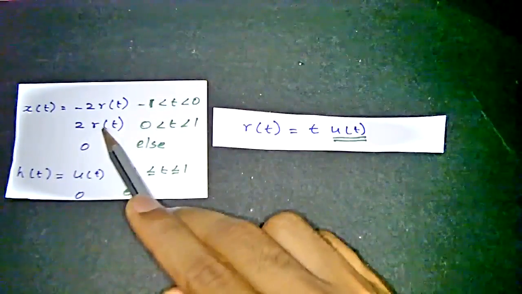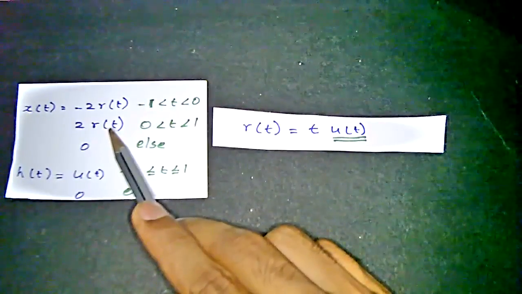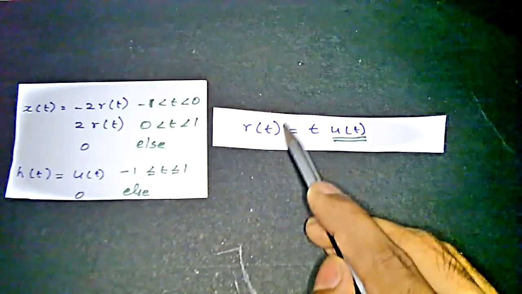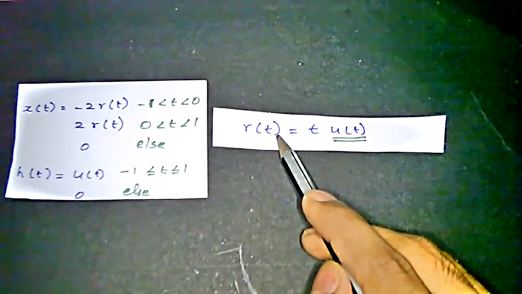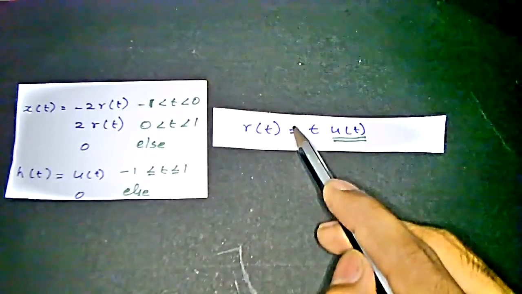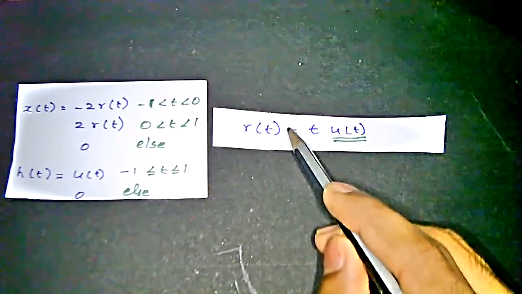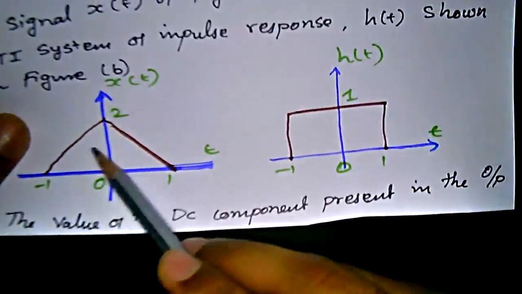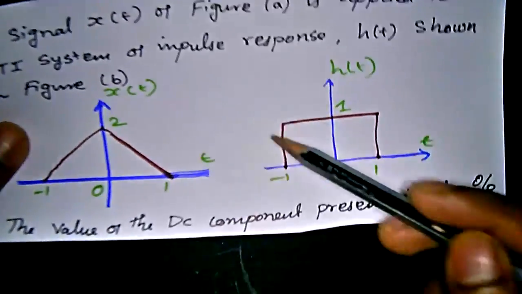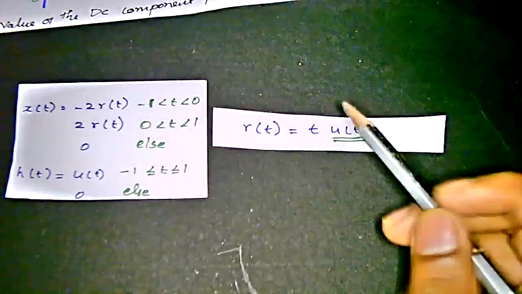To replace r of t, since we don't know what r of t is, we substitute it in step signal form, because we have the elements in step signal everywhere here. If we change this to step signal, it will be easy to manipulate the output values.